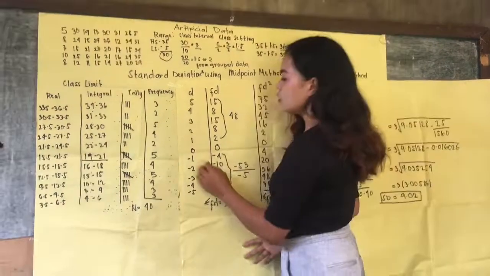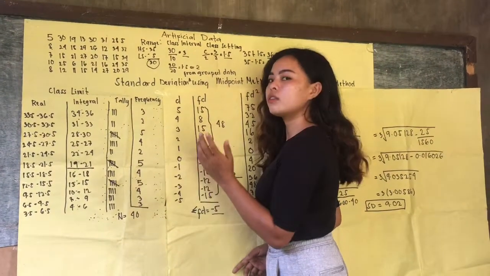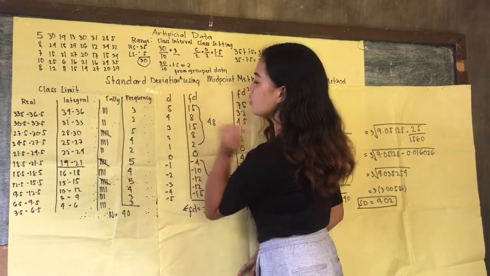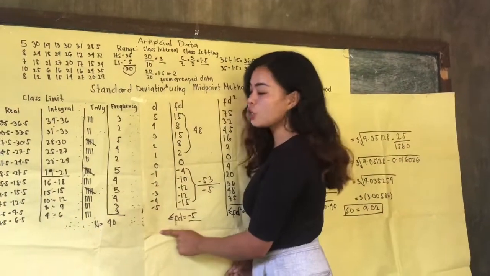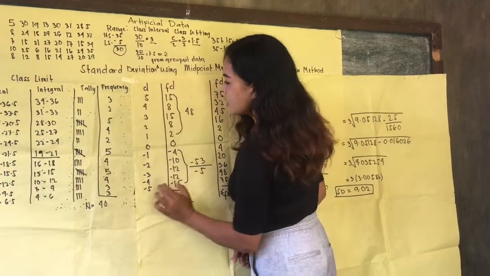So you have to put 0 here, then above 0 deviation, we have the positive 1, positive 2, positive 3, positive 4, and positive 5. Then below 0 deviation, we have negative 1, negative 2, negative 3, negative 4, and negative 5.